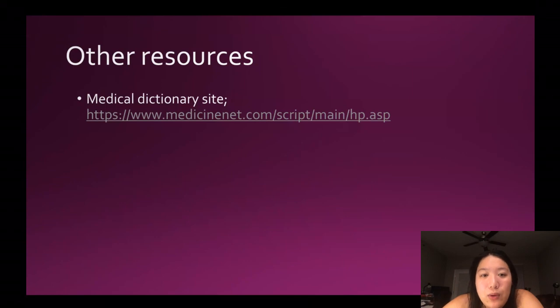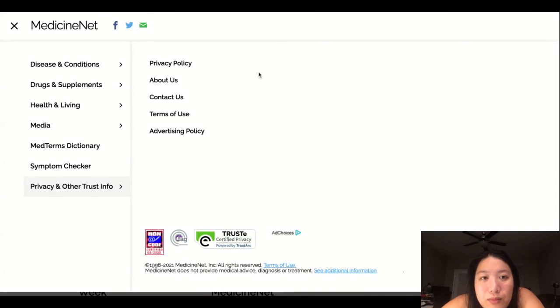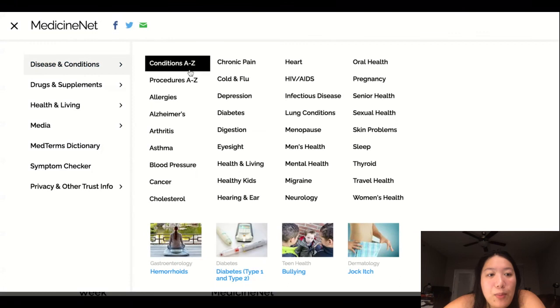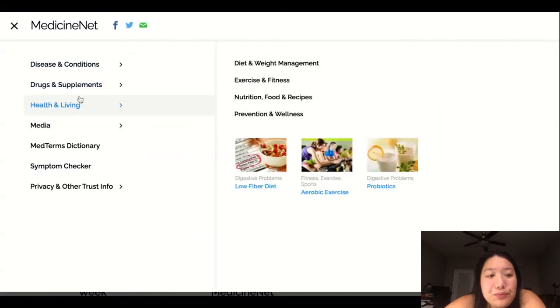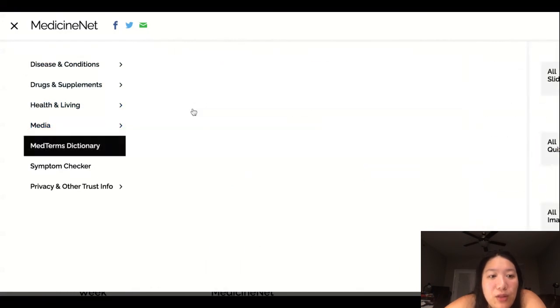which I will show you. Yes, there. I think you can see it now. But yeah, there's different disease conditions you can look at, drugs, supplements, and then healthy living.